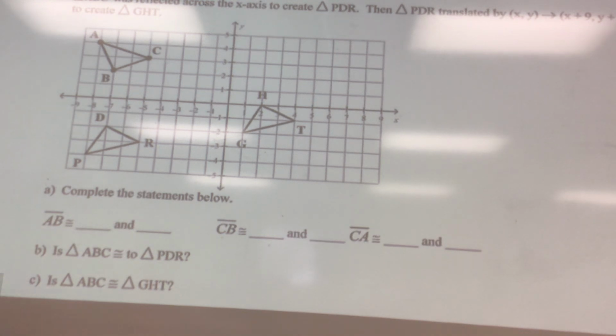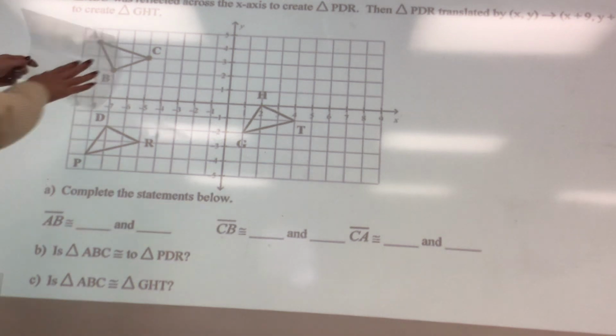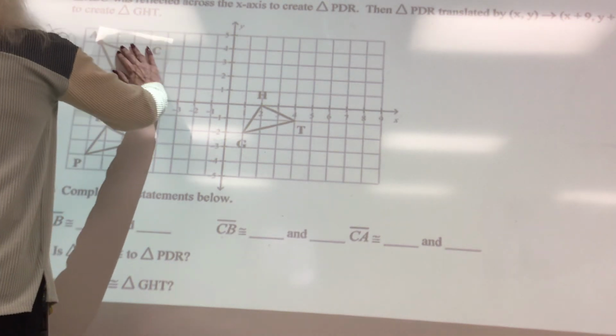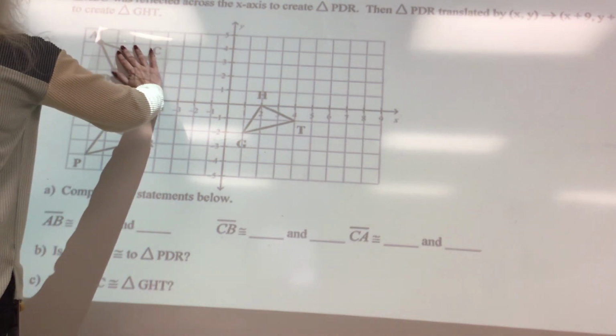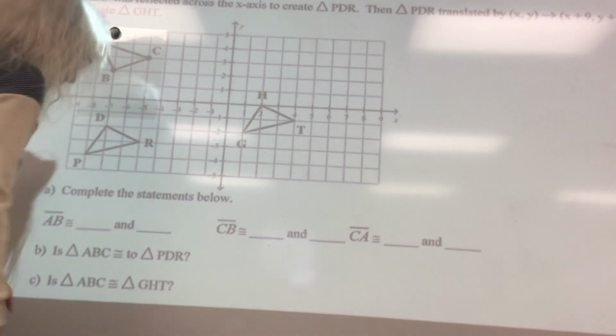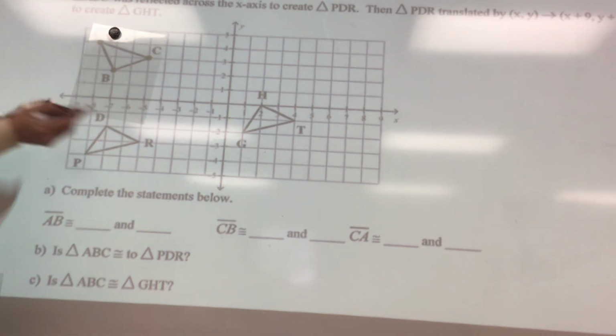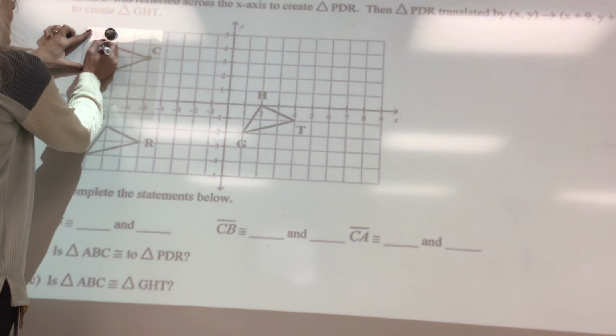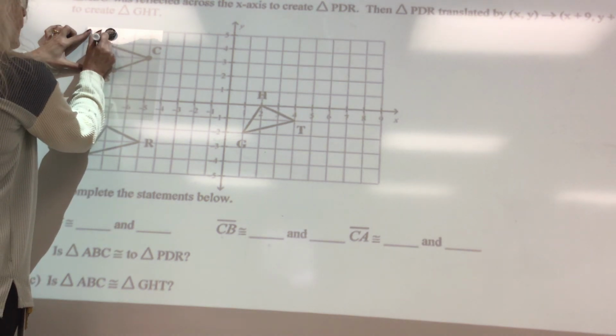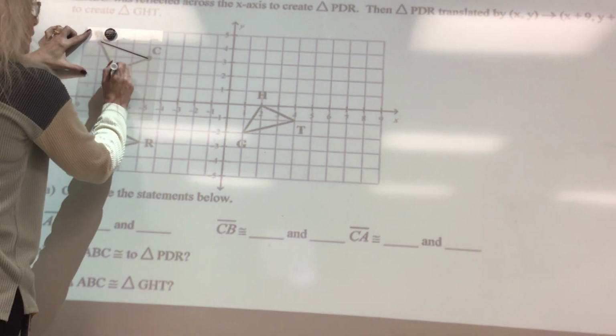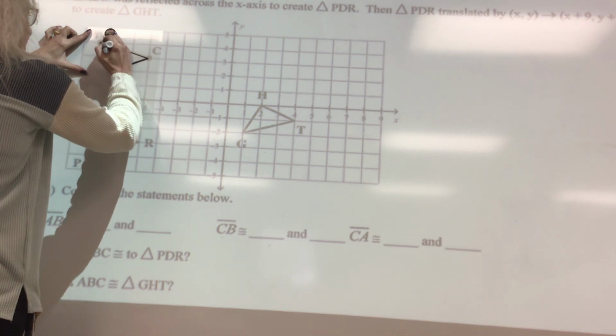So when we started out with triangle ABC, correct? I took triangle ABC and drew it on the coordinate grid.